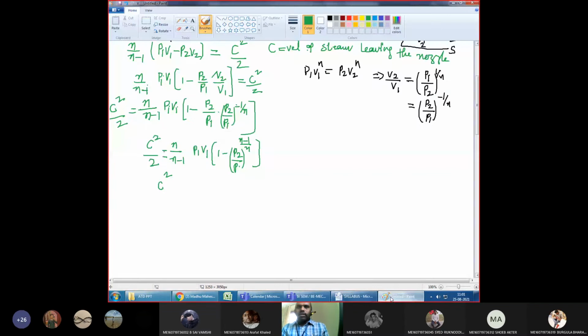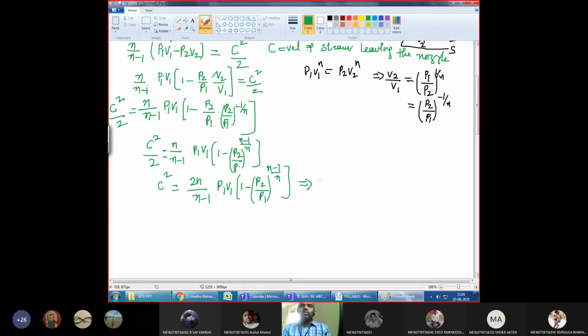Okay. Now C square is equals to 2n divided by n minus 1 P1 V1 into 1 minus P2 by P1 whole power n minus 1 by n.